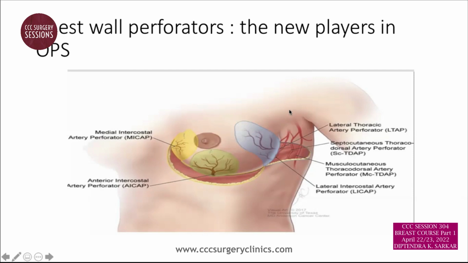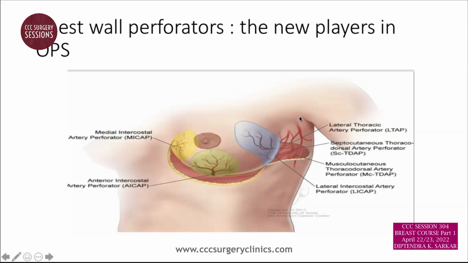Now you have the thoracodorsal pedicle, and from the thoracodorsal pedicle we have multiple vessels coming down, and each vessel supplies the overlying fat. If you can preserve that particular vessel and the overlying fat, and at times overlying skin, you would be able to use that amount of tissue and rotate it to fill up any defect in the breast.